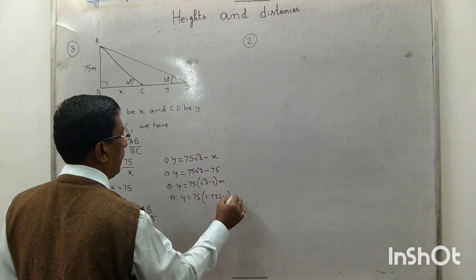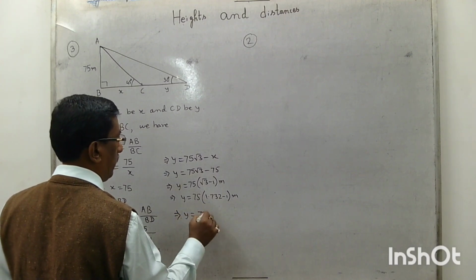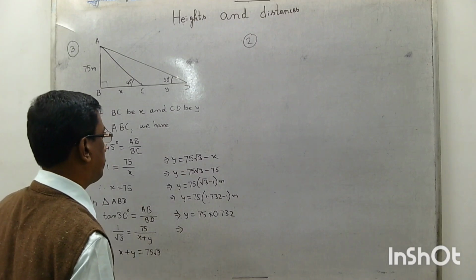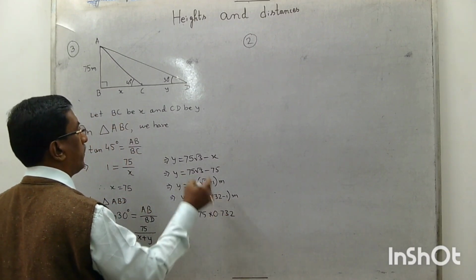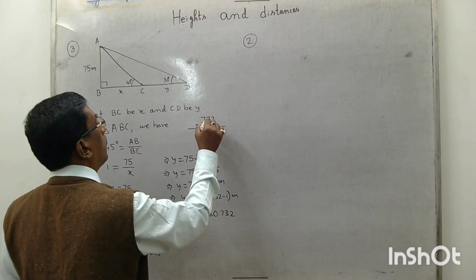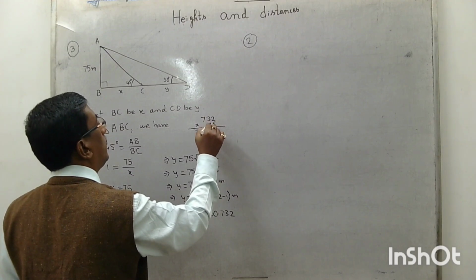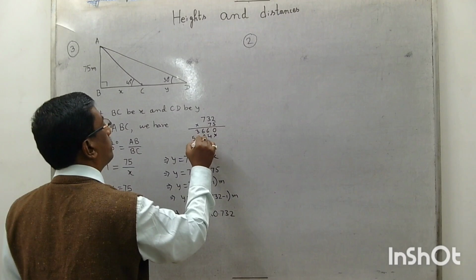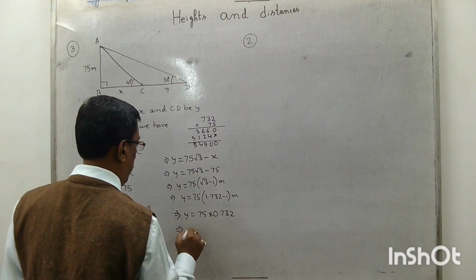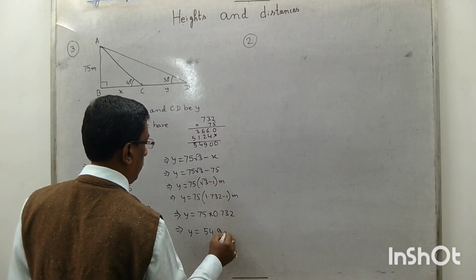Or Y equals 75 into 1.732 minus 1 meter. Therefore Y equals 75 into 0.732, because that remains. So we have to multiply 75 and 732. 5 2s are 10, carry 1, 16, 35, 36, 14, so it will be 54 point, Y equals 54.9 meter.